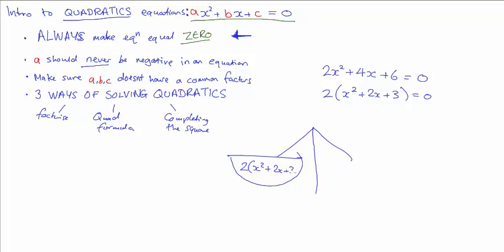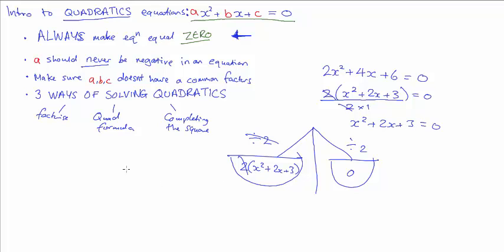So all you do, if there's a number which is common to all of them, divide it by that number. Okay, so just divide through, and all that's going to do is knock that off. So yeah, if you divide that by 2, you see that's 2 times 1. Yeah, you're just left with this. Okay, so here's another one.